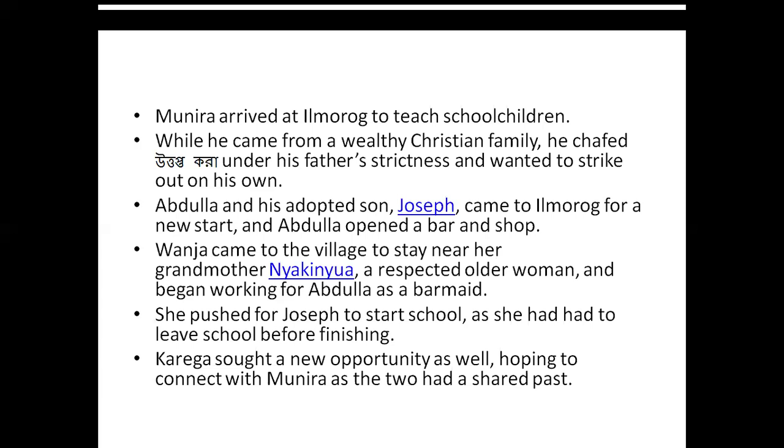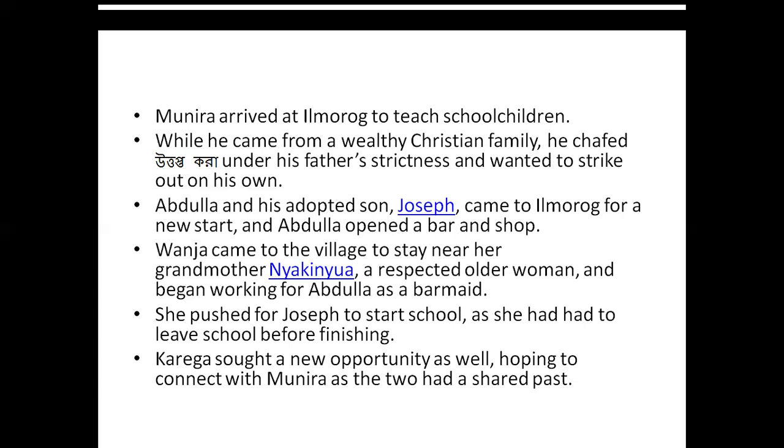Wanja came to the village to stay near her grandmother, Nyakinywa, a respected old woman, and began working for Abdullah as a barmaid. So Wanja came to this village to stay with her grandmother, who is a respected older woman in this village.